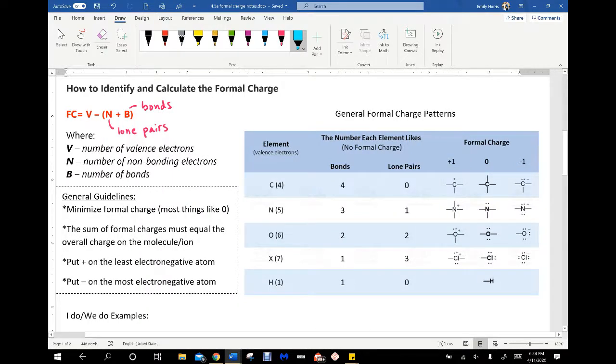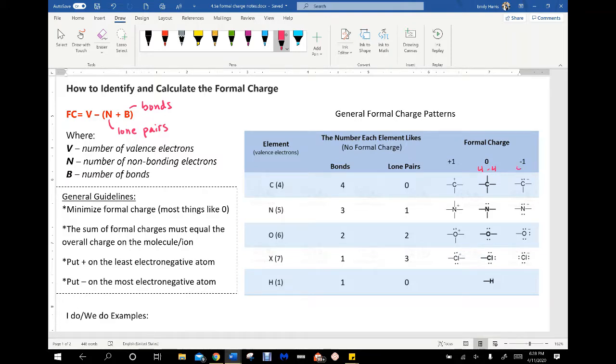For example, with common organic chemistry elements like carbon, typically when carbon has 4 bonds, it has a formal charge of 0. That's because it starts with 4 valence electrons minus 4 bonds equals 0. If you see carbon with 1 lone pair, it typically has a negative charge of 1.